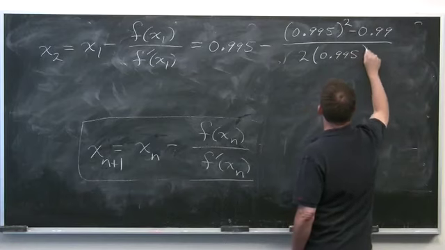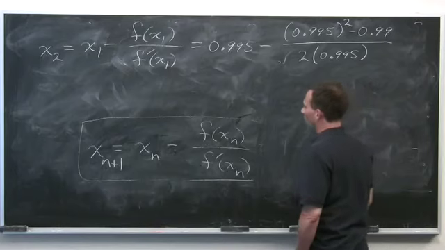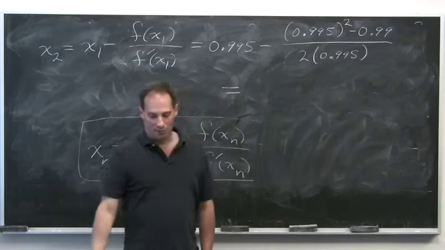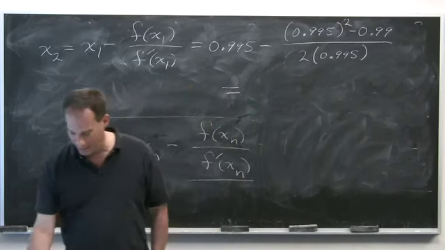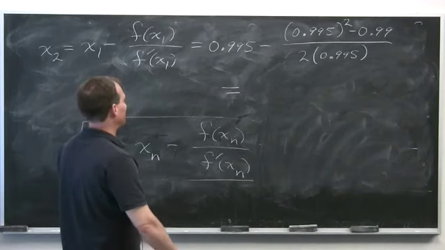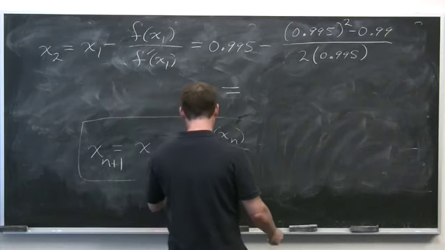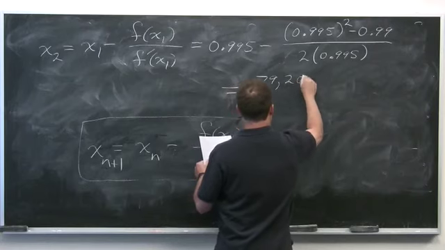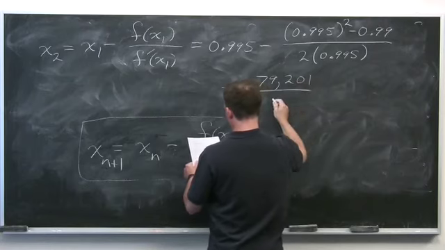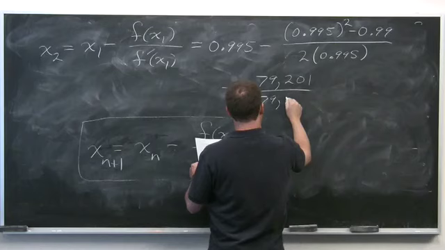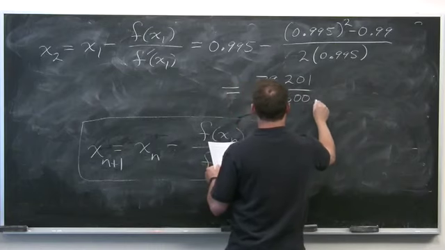Now actually you could switch into fractions and write this out as a fraction. If you want to do this by hand, it is done in the book. I'm not going to bore you with that. What you get is 79,000. You really can't do this by hand. Over 79,600.